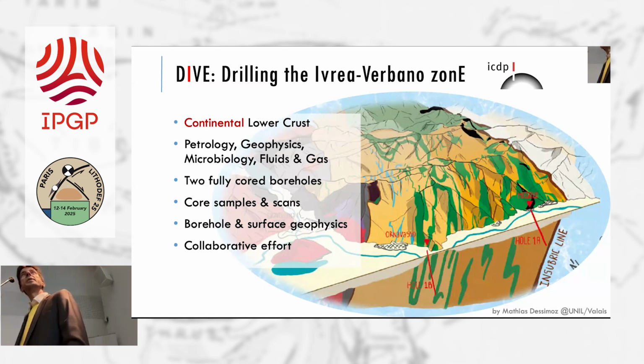And what is very nice is that these two boreholes, which have reached 600 and 900 meters depth, are fully cored. So you have 1.5 kilometers of drill cores, which you can analyze in the lab for all kinds of methodologies. Both boreholes have been logged with various borehole logging techniques. So we have a very rich data set at the surface and also inside the hole.